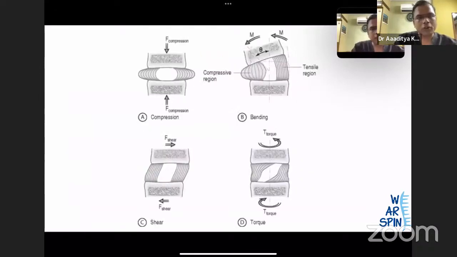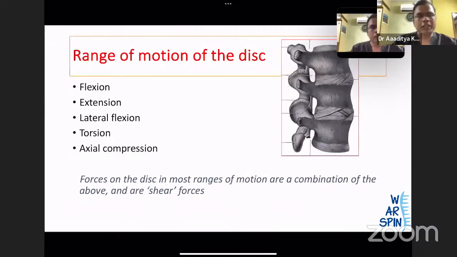Next. So forces applied on discs can be compressive forces, bending forces, shear forces, or torque-like rotational forces. Next. So the range of motion in a disc can be flexion, extension, lateral flexion, torsion, axial compression, but most of the time these forces are applied in combination, and the shear forces are the commonest, which lead to the injury.